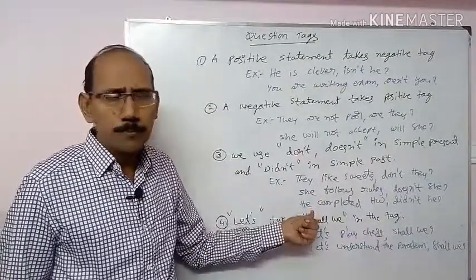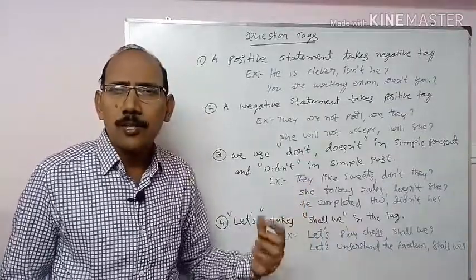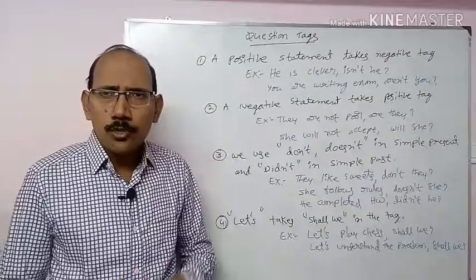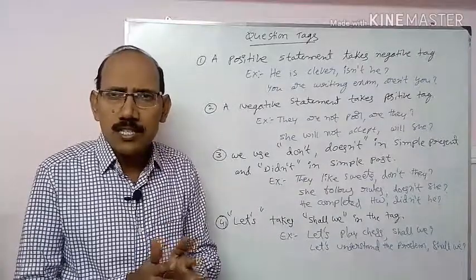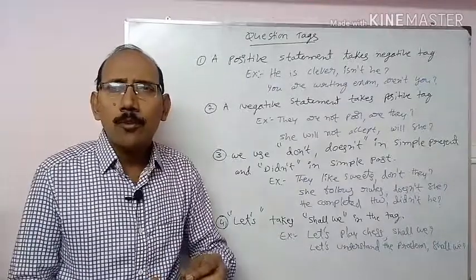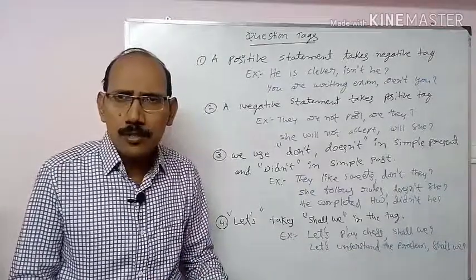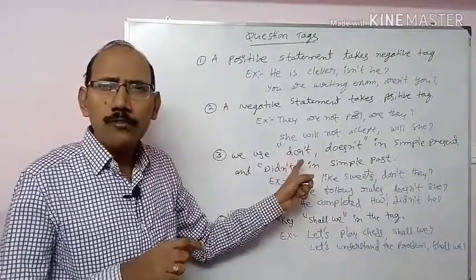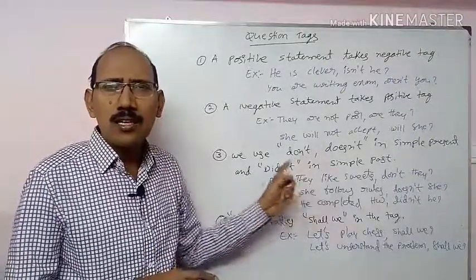Nothing is present here. At this moment, generally we find this particular problem in simple present and simple past. So if you want to get authority over simple past and simple present, you better go through one more video. I am giving a link in the description. Better go through that video so that you will understand why we are using don't, doesn't and did not.